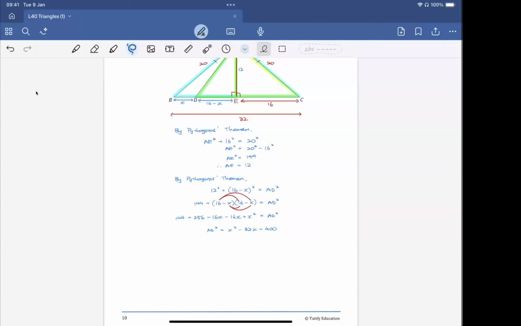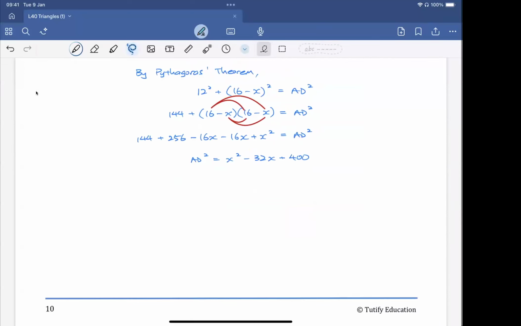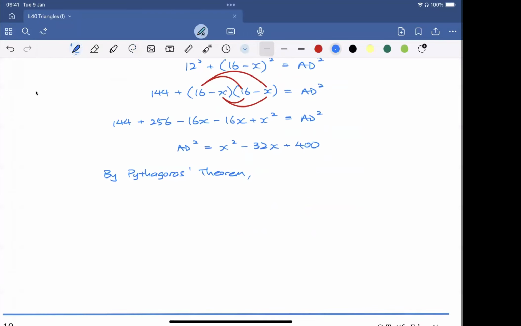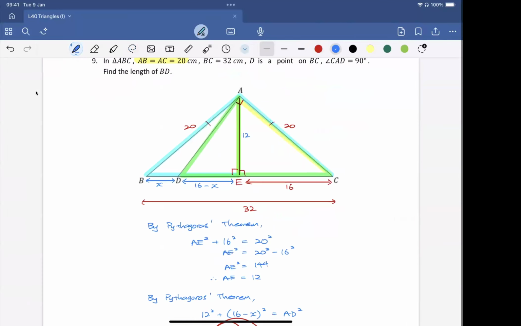Okay. Again, by Pythagoras theorem. I'm lazy, so I'm just going to copy. All right. By Pythagoras theorem, we will say that 20 squared plus 20 squared.